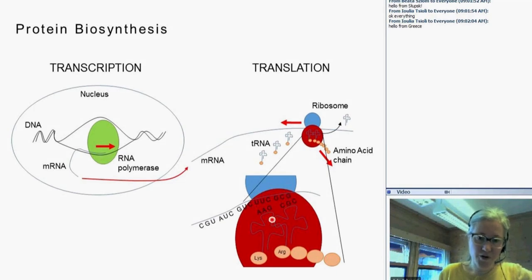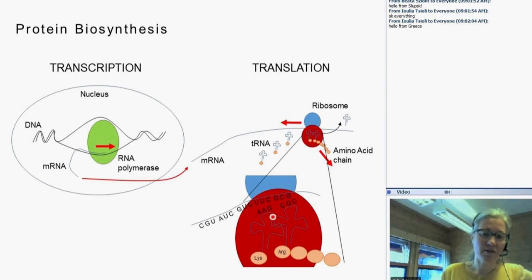If you imagine that, for example, instead of the UCC that stands here, a mistake has been made in the messenger RNA synthesis, and instead of a CUU, suddenly we have CUG standing here.